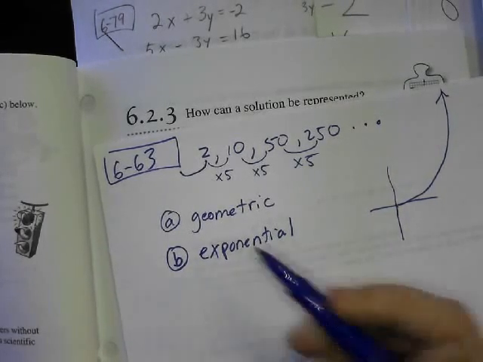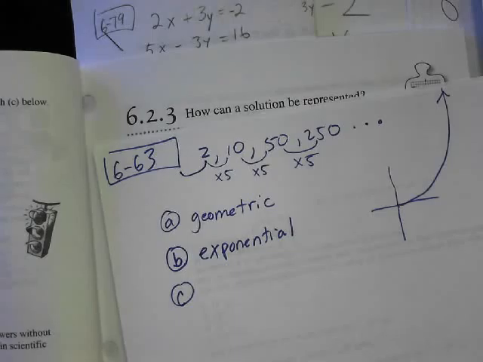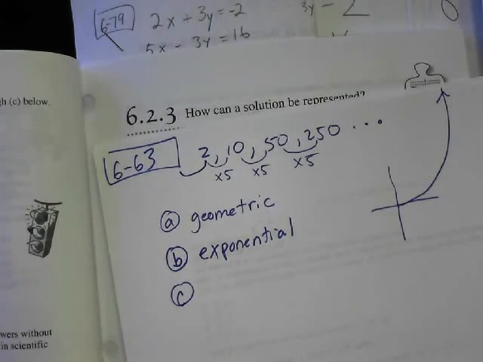Okay, that was letter B, and then C, write an explicit equation. So we do have to write an explicit equation. I forgot the difference between explicit and recursive. You don't want to write a recursive.